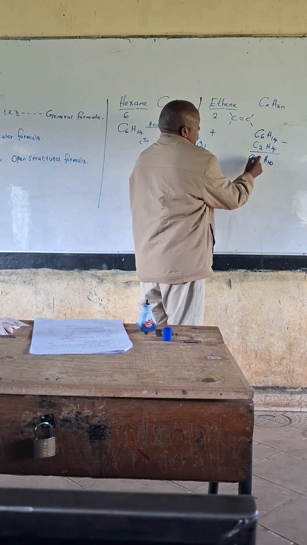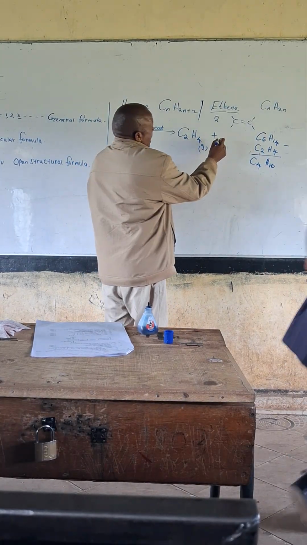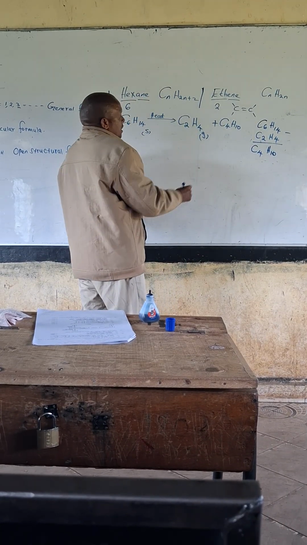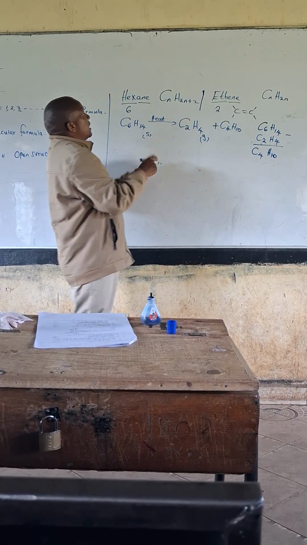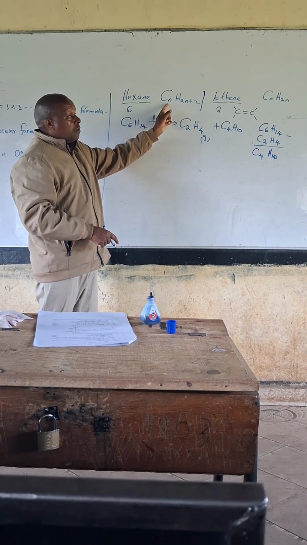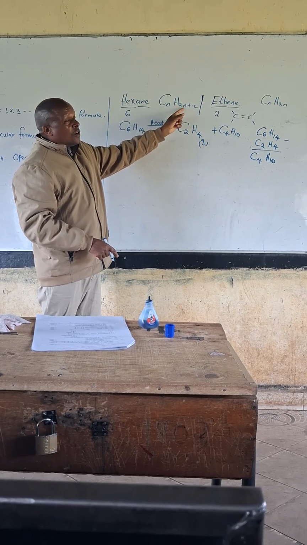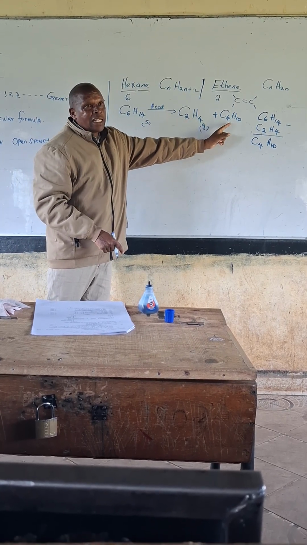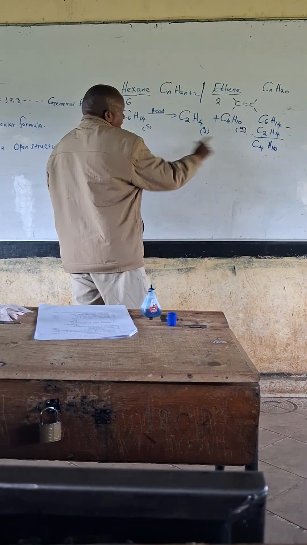And then carbon, 6 minus 2, 4. So the product will be ethene and another product with the formula C4H10. So this one is ethene and this is butane. It conforms to the general formula for alkanes. C4, n is equal to 4. C4H will be 2 times 4, 8, plus 2, 10, which is this formula. So this is an alkane. So we write here gas. So that is the formula.